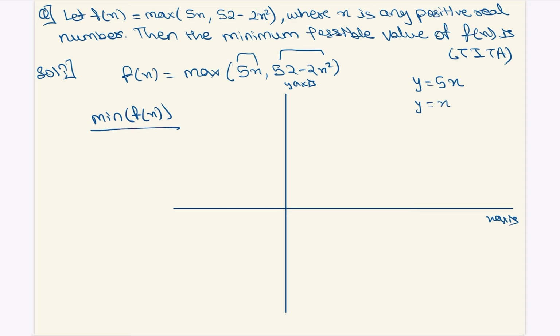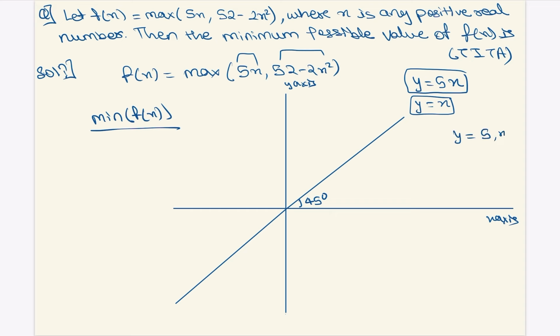If I know the graph of y equal to x, which is a straight line at 45 degrees to the x and y axes, then I can make y equal to 5x. Y equal to x has a slope of 45 degrees. Inherently, y increases 5 times more than x increases. Y is 5 for x equal to 1 and y is 10 for x equal to 2.